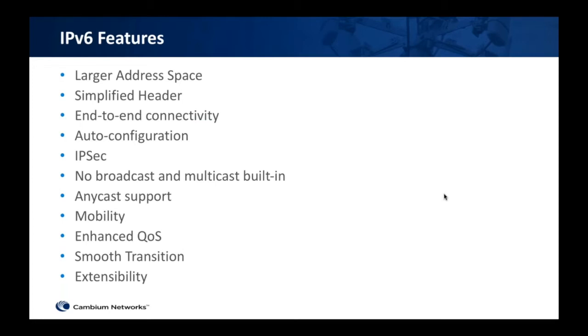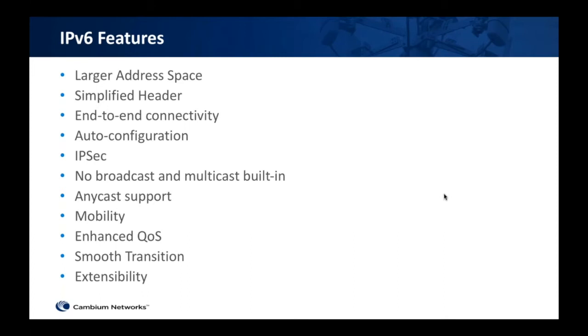The first feature, the main feature of IPv6, is the larger address space. We have 128 bits of address used in IPv6. The next feature is the simplified header.